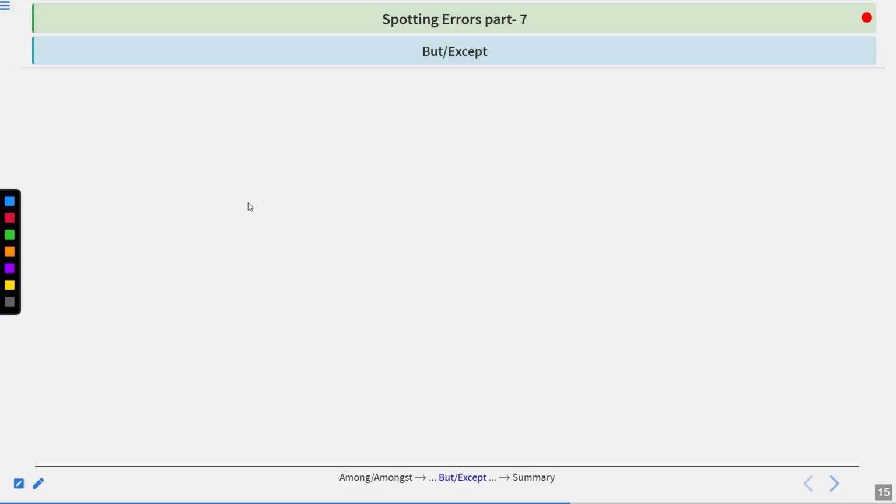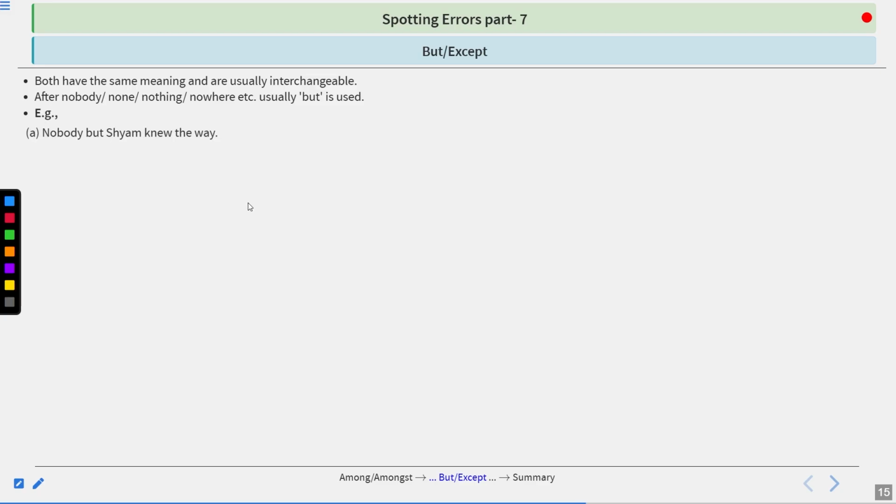Let's talk about but and except. Both have the same meaning and are usually interchangeable. After nobody, none, nothing, nowhere, etc., usually but is used. Nobody but Shyam knew the way. So here you can see we have used nobody, and after nobody we use but. It means except. Nothing but the best is sold in our shop.